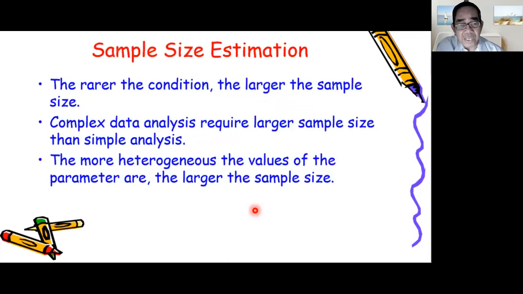Now, some generalizations in the sample size calculation: the rarer the condition, the larger the sample size. So if the condition is rare, you need a much larger sample size to be able to detect that condition. Complex data analysis requires a larger sample size than simple analysis.